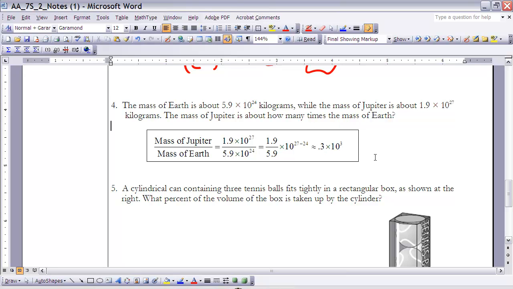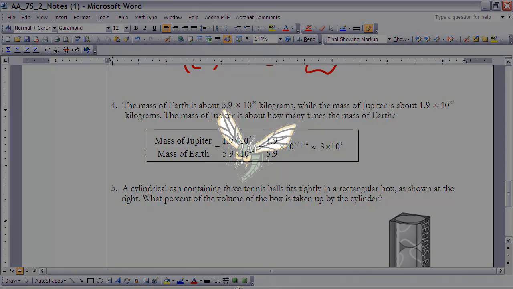And then if I finish that off, 1.9 divided by 5.9 is about 0.3, not exactly, but approximately 0.3. And then that would be times 10 to the third power. So that's roughly how much bigger the mass of Jupiter is than the mass of Earth.